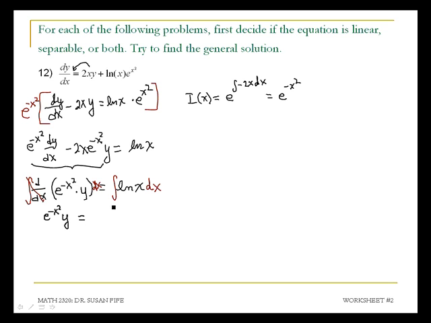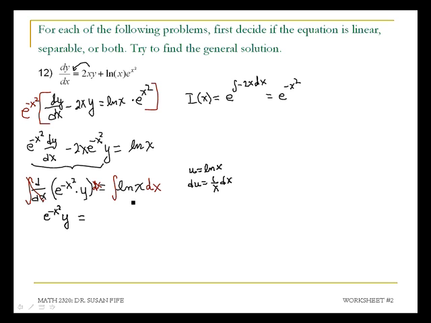And on the right side we need to integrate this natural log of x. Now there's not a simple integration formula for this. And even if you try u substitution, letting u equal natural log of x, you would get du is 1 over x dx.